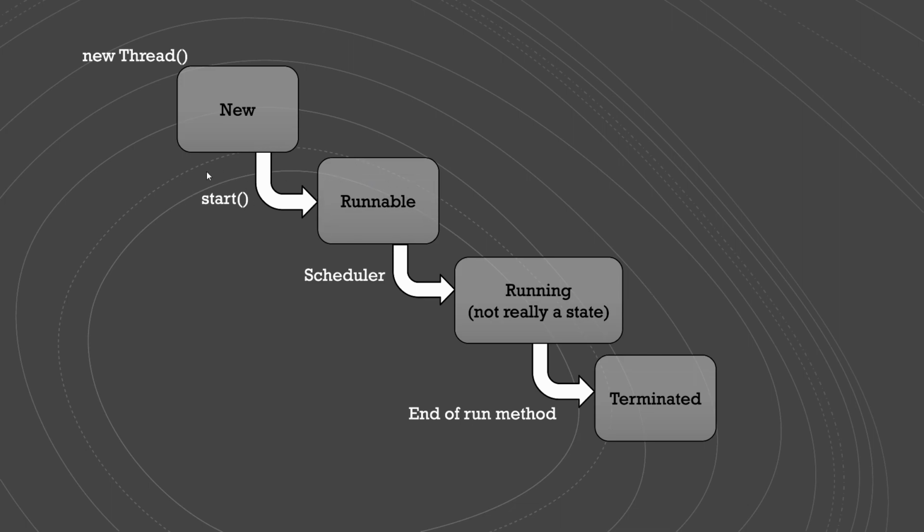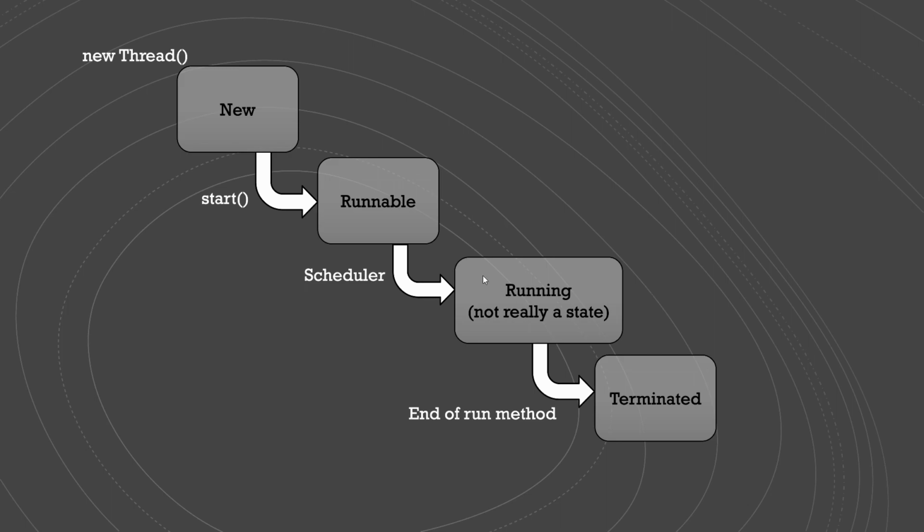So we call the start method, which places our thread in a runnable state, and then it gets picked up by the scheduler. The scheduler will actually start executing our thread when it feels like it, and then my thread will start running. Now, it will still be in a runnable state, but we call it running for now.